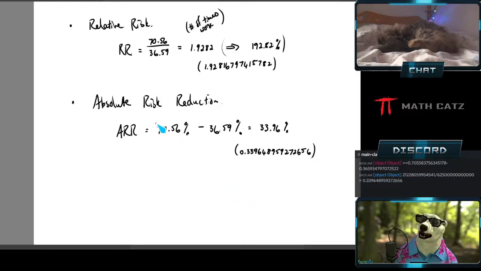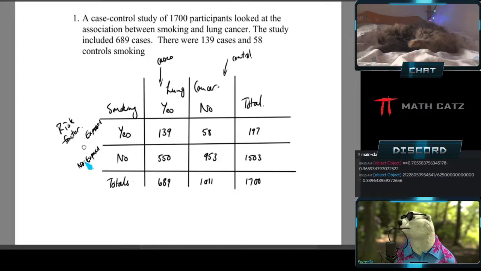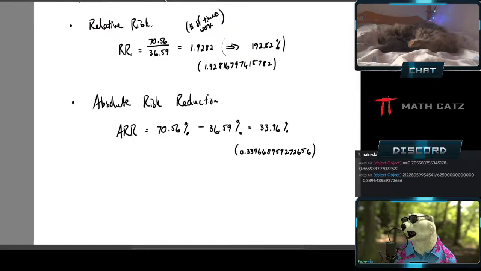Okay. Absolute risk reduction. What does that mean? That means that, in general, if I just ignore the smoking risk factor, there is still a chance of getting lung cancer. That chance is 36.59%. Exposed to the risk, I have a higher chance.